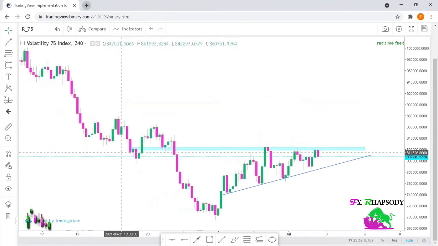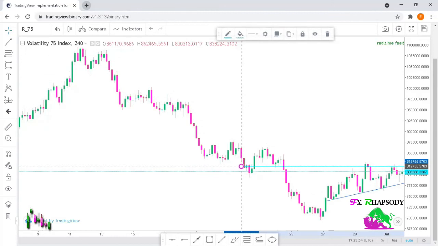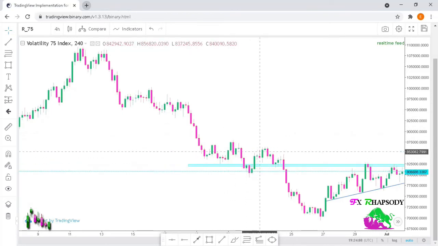If you scroll out even more and draw it slightly to this side, there you go. You can see this area came down and touched this area, came up, broke it a little bit, retested it, up again, almost touched it, not breaking through, breaking through.